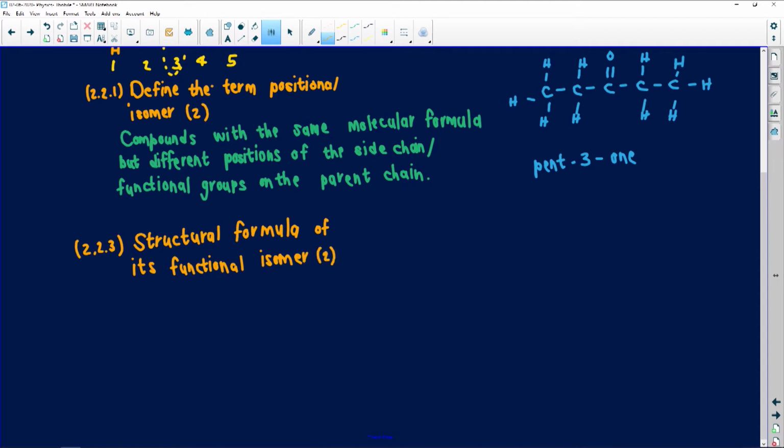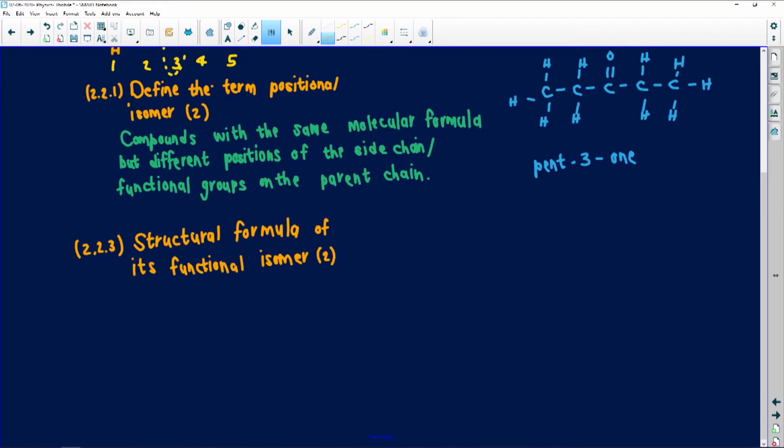When we talk about isomer, you must try and move that functional group, its position, to as many places as you can get. Because sometimes in an exam, they might ask you, how many functional isomers does this molecular formula have? And then you'll have to sit in the exam and try to find as many of them as possible. Guys, remember, if you are not sure whether something is its functional isomer, you must name them.